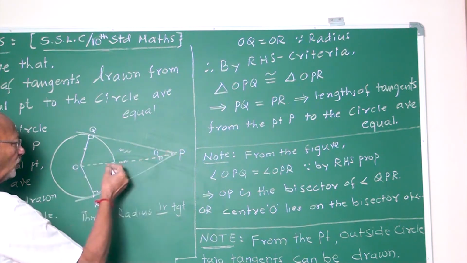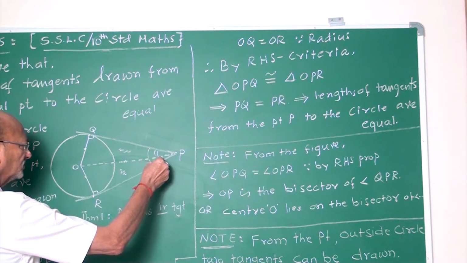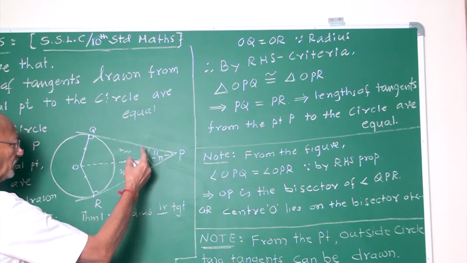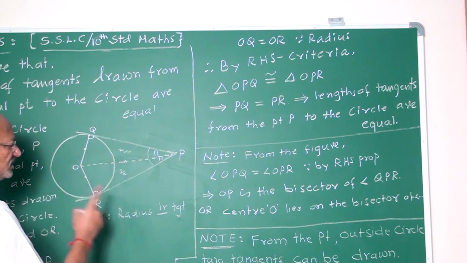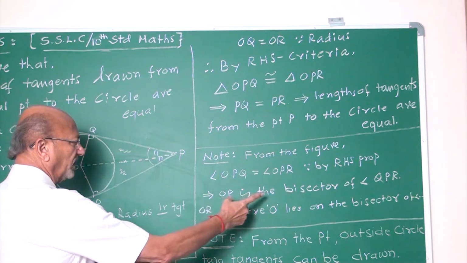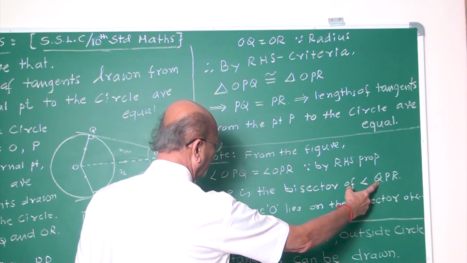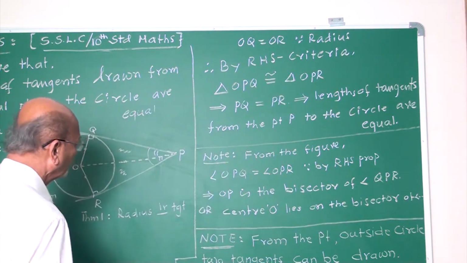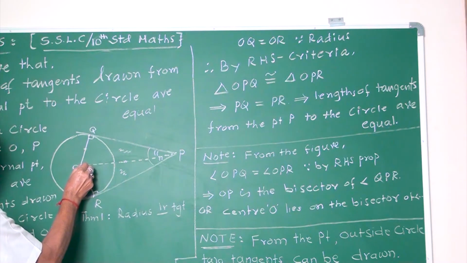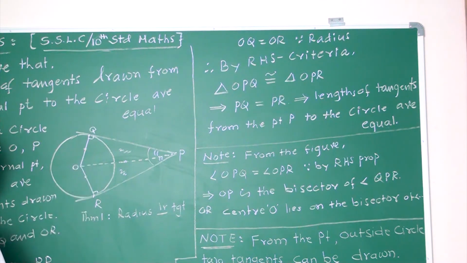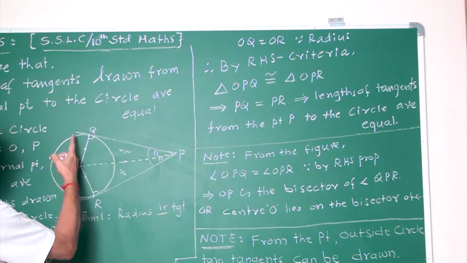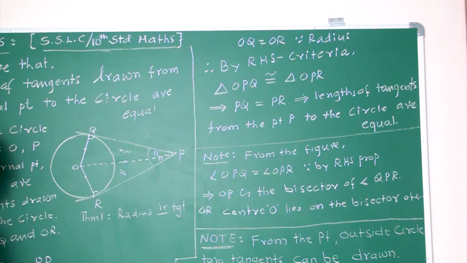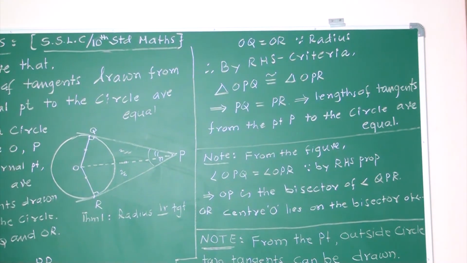Then OP bisects angle QPR. In other words, O is the center of the circle, so the center of the circle lies on the bisector of the angle QPR.